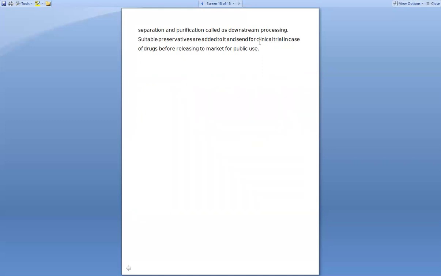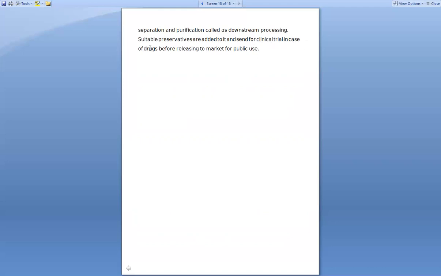Several suitable preservatives are also added so that it can be preserved for a longer time, right? So if you want to preserve that protein or any other product, you need to add several preservatives which are suitable to that medium, right? And then they are sent for clinical trial in case of drugs.